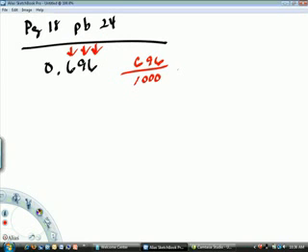3 won't work on the 1,000. How about 4? Think it might work on the top number? We don't know for sure yet. Okay, let's check it out. 696 divided by 4.